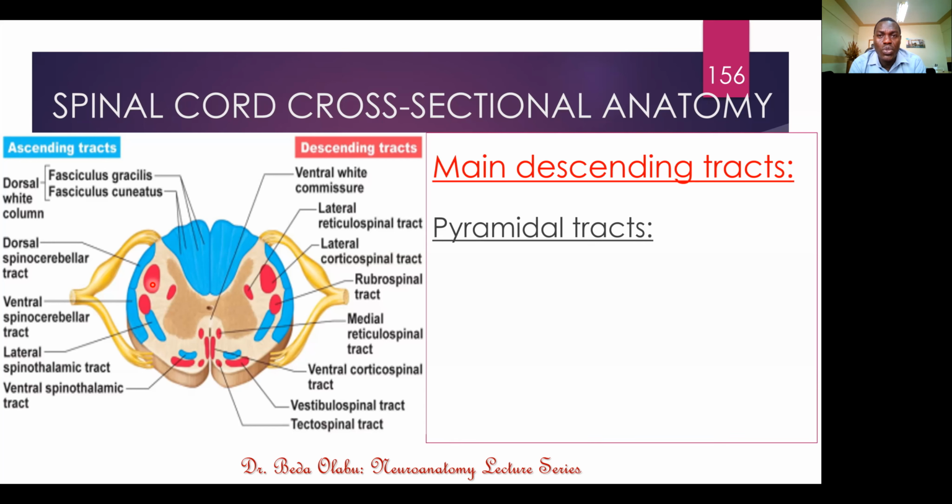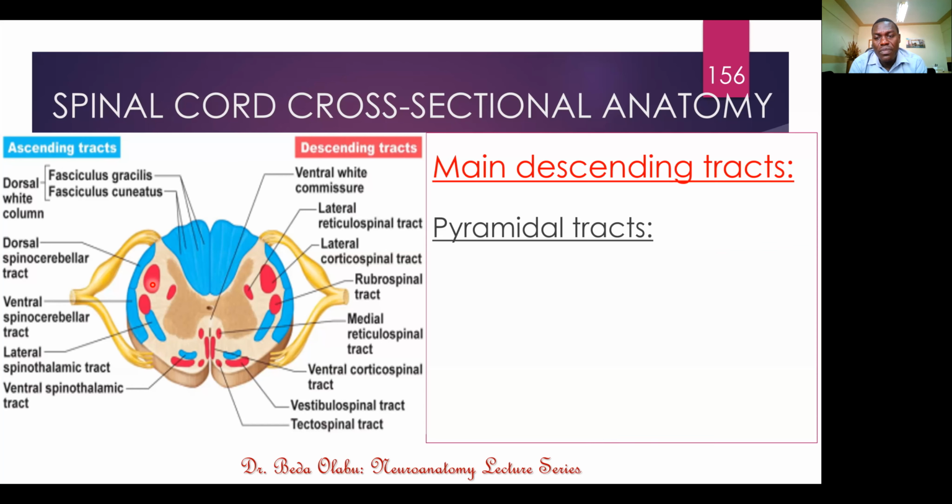Those ones terminate to cranial nerves, which supply skeletal muscles. So they'll terminate to the nucleus of the third nerve, the fourth nerve, the fifth nerve, the sixth nerve, the seventh nerve, and 9, 10, 11 nerve, because those are the ones which have motor functions.